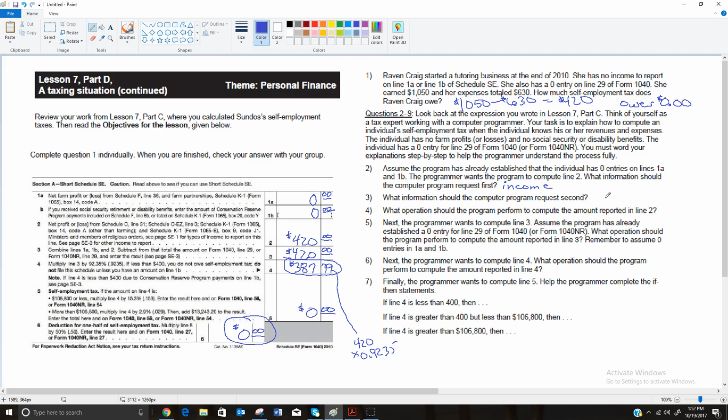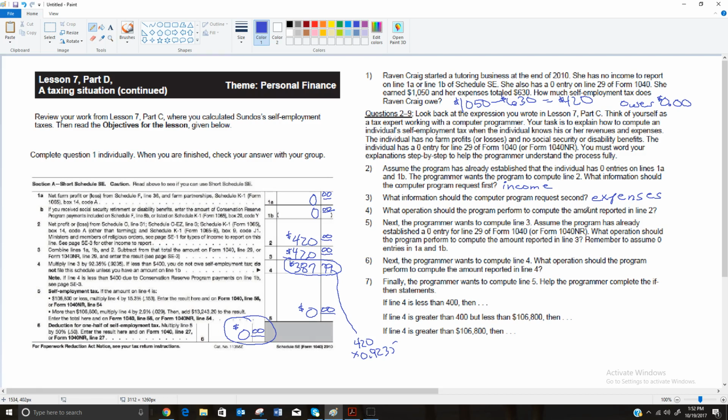And then you would want to ask for their expenses. So you would ask, what was your income from your business? What were your expenses from your business? So it would get these two amounts. Like for Raven, that would be $1,050 and $630.